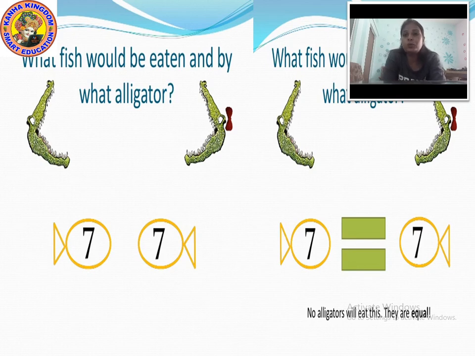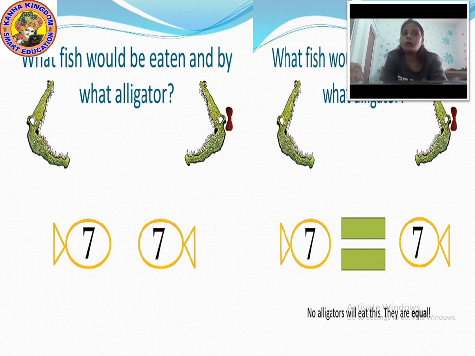Alligator always eats the bigger number. If the bigger number is on our right side, then the alligator will eat the right side number, and if the bigger number is on our left hand side, then the alligator will eat the left hand side number.